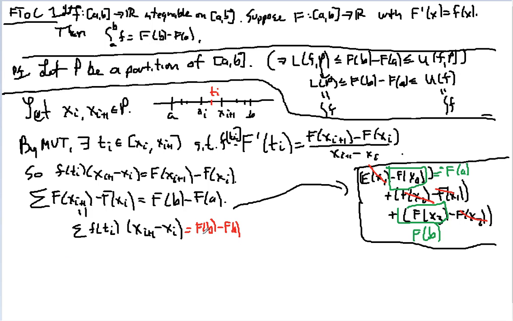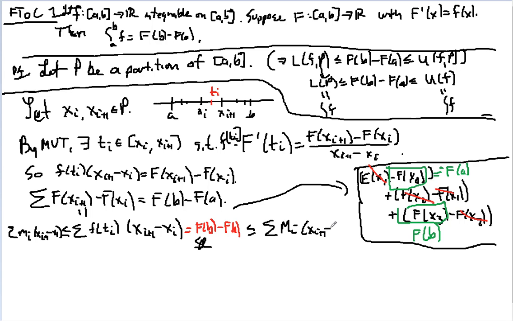But notice that, if you ignore this red part here, on the interval, f of t_i times x_{i+1} minus x_i has to be less than or equal to the supremum of little f on that interval times x_{i+1} minus x_i, and greater than or equal to the infimum, which we can write down as m_i times x_{i+1} minus x_i.